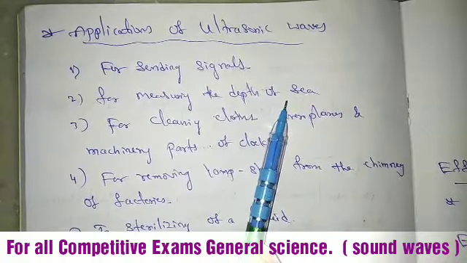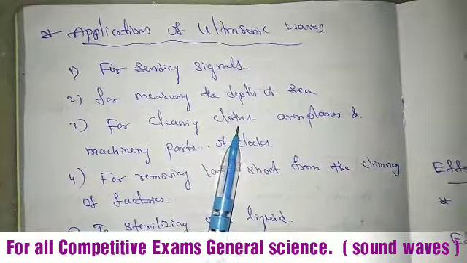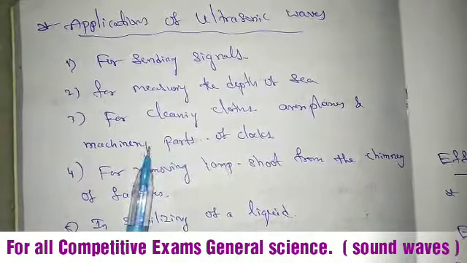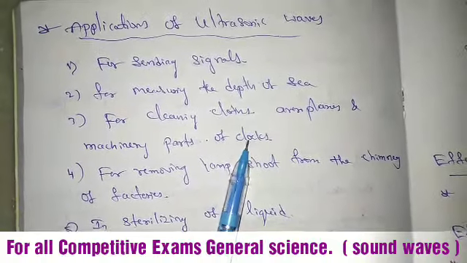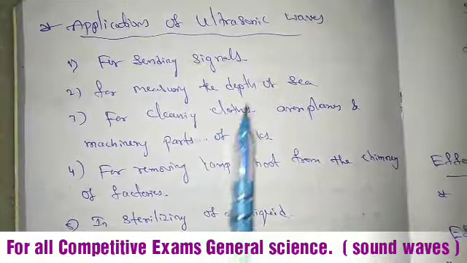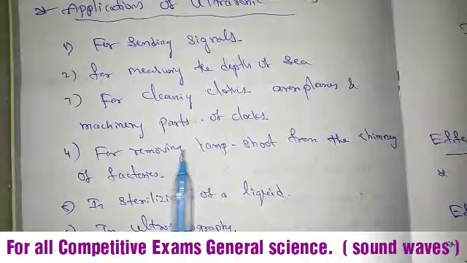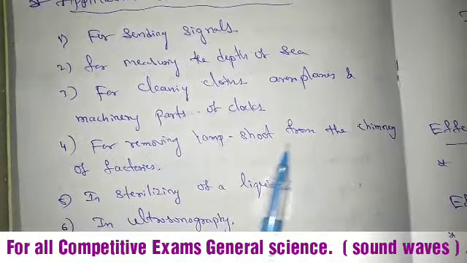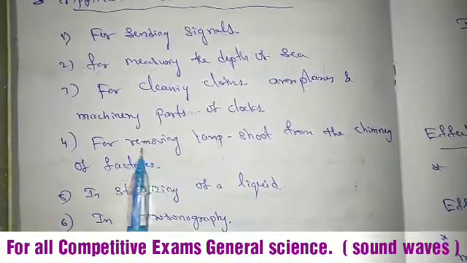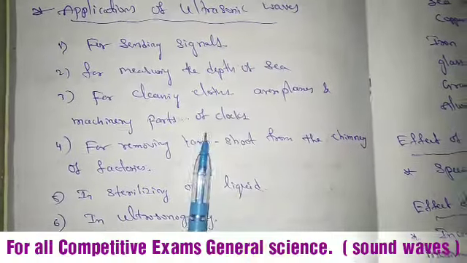They are also used for cleaning the most sensitive parts of aeroplanes and machinery, which can be cleaned by the use of ultrasonic waves. Also, for removing lamp soot from the chimneys of factories, chimneys with a lot of soot can be cleaned using ultrasonic waves.